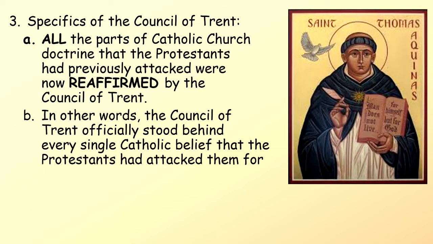Some specifics of the Council of Trent. All parts of Catholic Church doctrine that the Protestants had previously attacked were now reaffirmed by the Council of Trent. In other words, the Council of Trent officially stood behind every single Catholic belief that the Protestants had attacked them for.